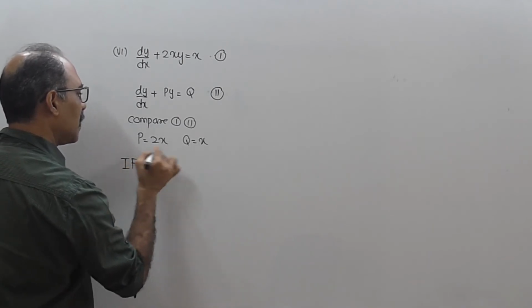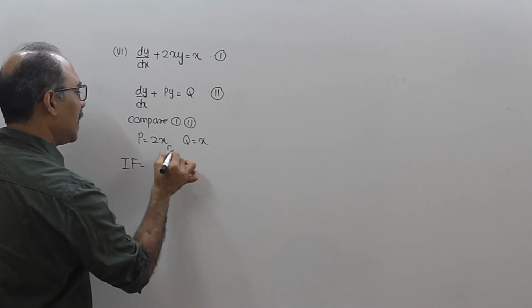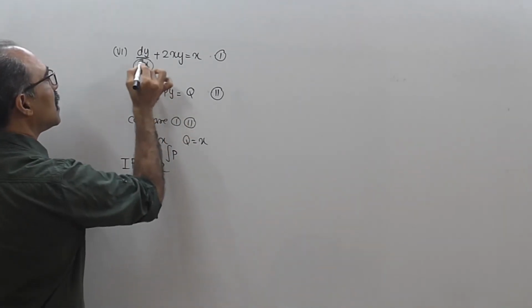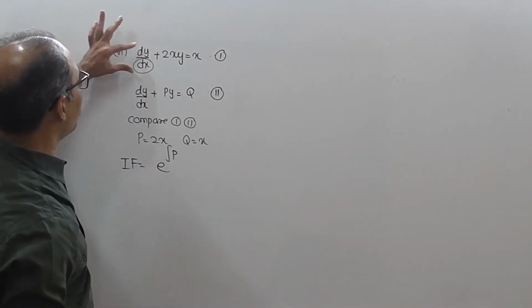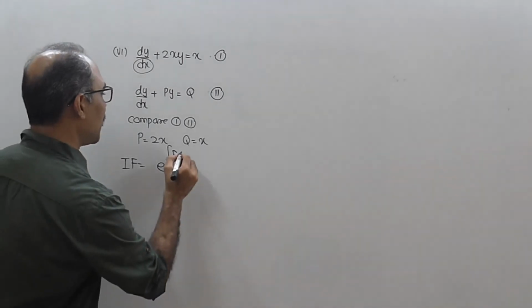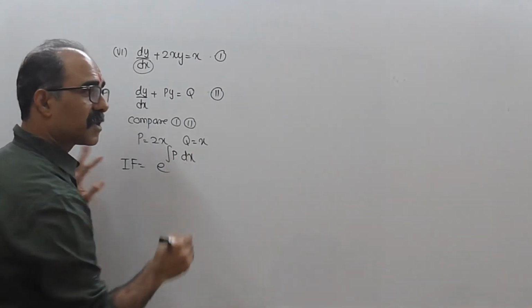e power integration p. See, what is the variable associated with d in the denominator? x. That means here you are differentiating with respect to x, so automatically the integration will also be with respect to x.